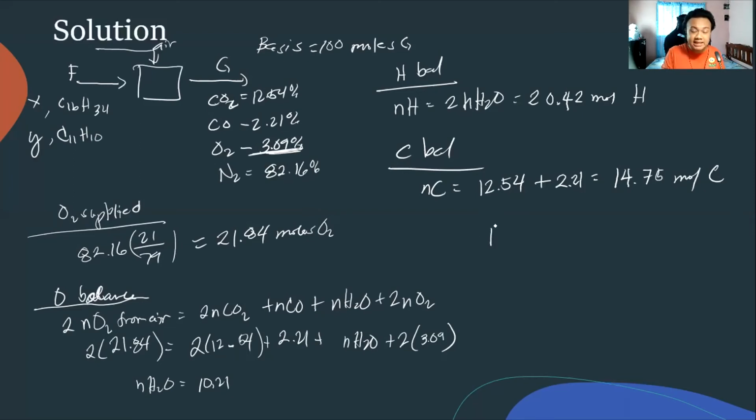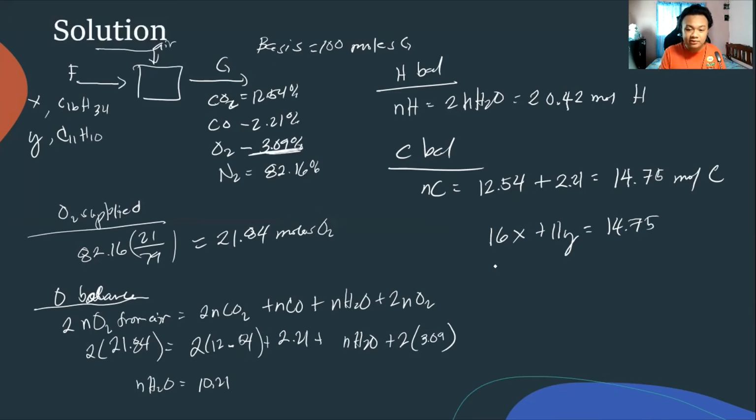So in the cetane, we have 16x. In methyl naphthalene, we have 11. So just 11, and then the total is 14.75, because that's the total carbon in our system.